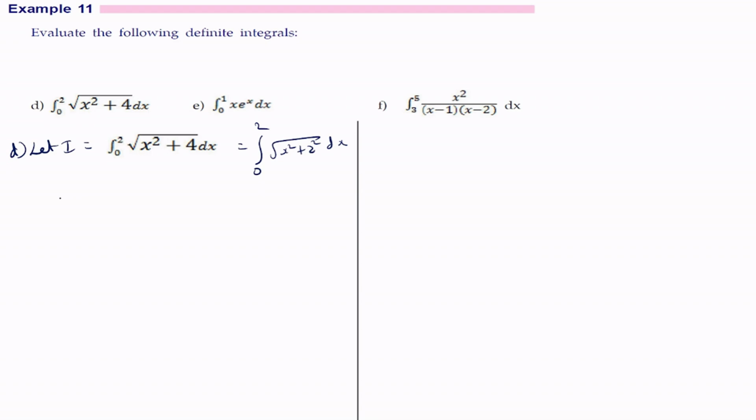So this is of the form integral root of x square plus a square. So it is x by 2 root of x square plus a square plus a square by 2 log mod x plus root of x square plus a square with the limits 0 to 2.